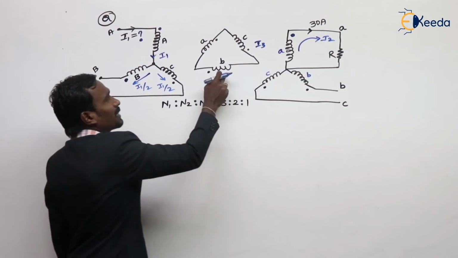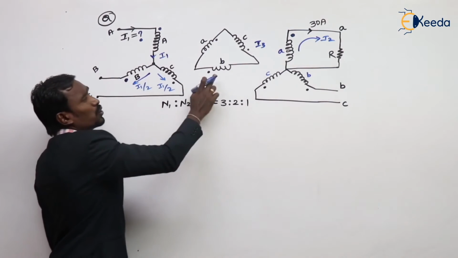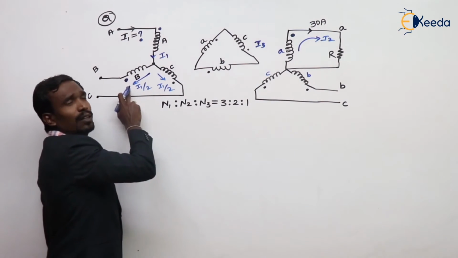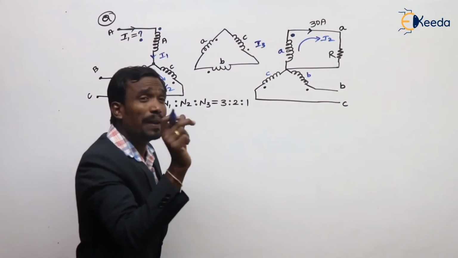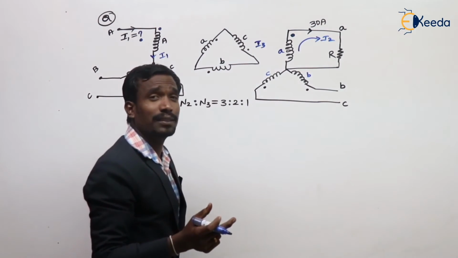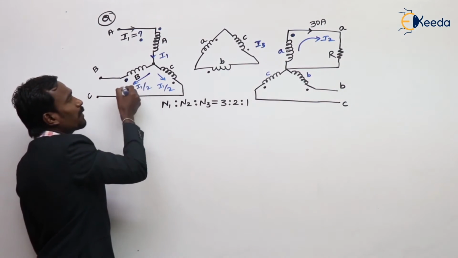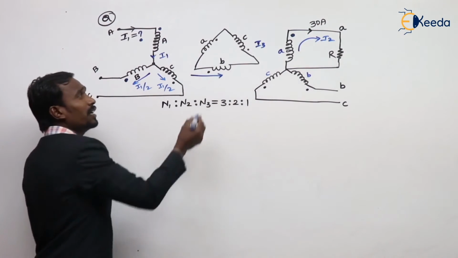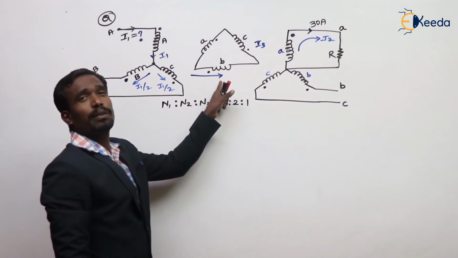That's why we are choosing the tertiary winding. So now tell me, to balance this MMF, should the current in the tertiary winding at phase B be leaving or entering? Here it is leaving from the B phase, hence here it should enter into the B phase.